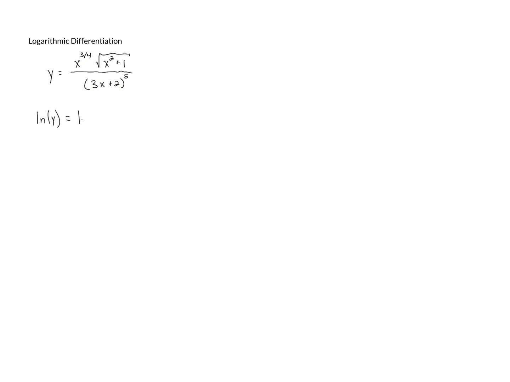On the right-hand side, that's going to be ln of this whole big fraction, x to the 3/4 times the square root of x squared plus 1, all over the quantity 3x plus 2 raised to the 5th power.